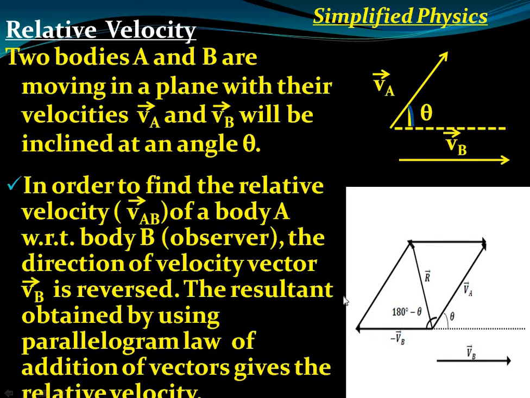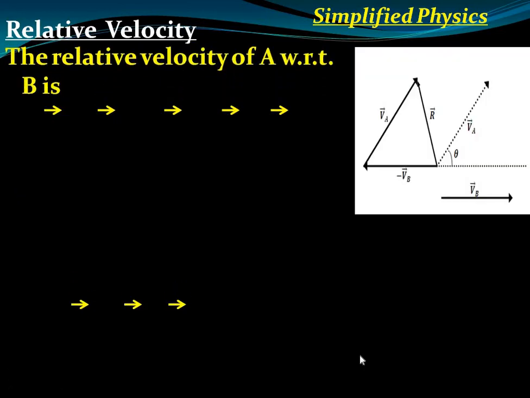Once again, to find the relative velocity of A with respect to B, we just reverse the second vector. That means the second velocity, the velocity of the observer, is reversed, and using the triangle law or parallelogram law of addition of vectors, we can find the relative velocity, that is, the resultant of the addition of these two vectors. In fact, v_A and minus v_B give the relative velocity of A with respect to B, and the relative velocity of A with respect to B is v_AB equals vector v_A minus vector v_B.